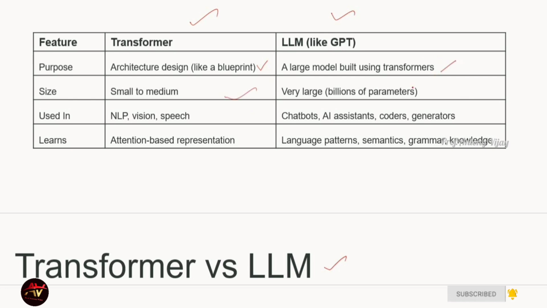And a transformer can be used in NLP and vision, but an LLM can do coders, generators, chatbots, and AI assistants. All bigger things can be easily done by an LLM. And a transformer works only with attention-based mechanisms, but with an LLM we can handle language patterns, semantics, grammar, knowledge, everything. This is the difference between transformer versus LLM.